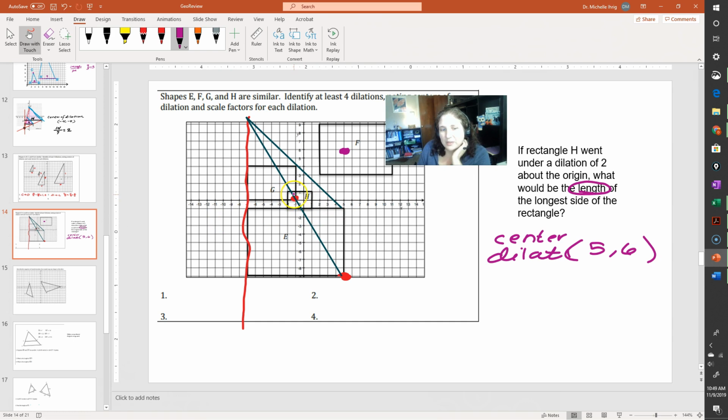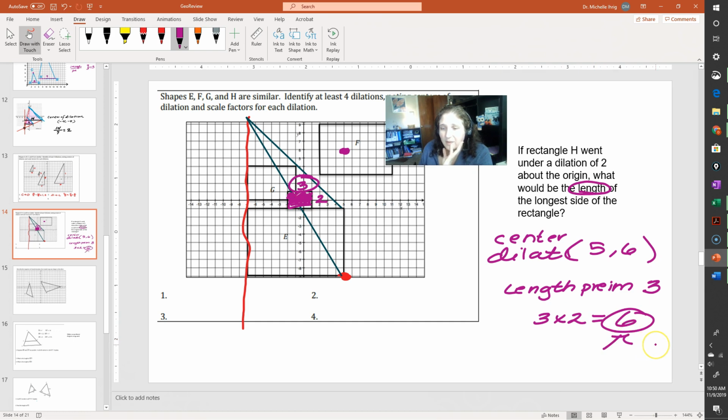So all we do is say, okay, well, here is rectangle H. The longest side we have, 2 and 3, 3 is our longest side. So the length of the pre-image is 3. So all we're going to do is 3 times 2 to get 6 for the length of our other one.